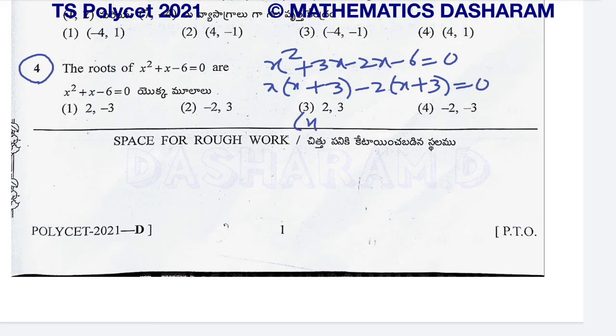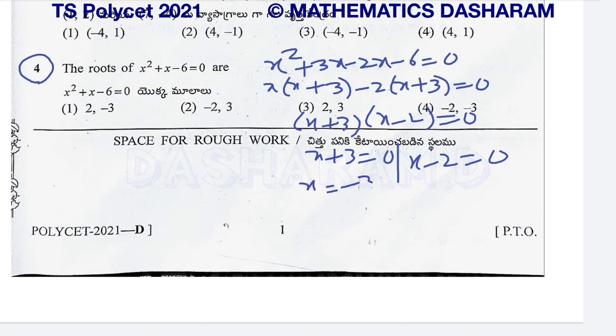Now x plus 3 is common, times x minus 2. So x plus 3 equal to 0, x minus 2 equal to 0, then x equal to minus 3, x equal to 2. So minus 3 and 2. So your option 1 is correct. If you don't know how to do factorization, then you can go with the options.